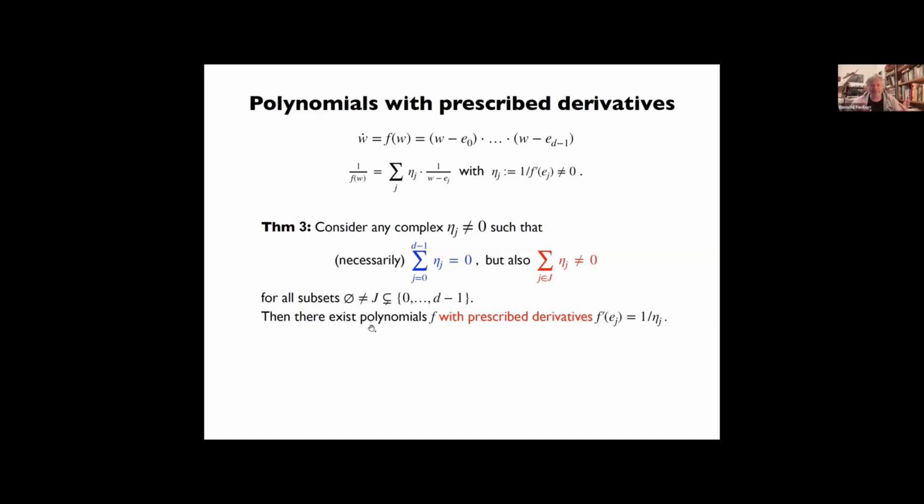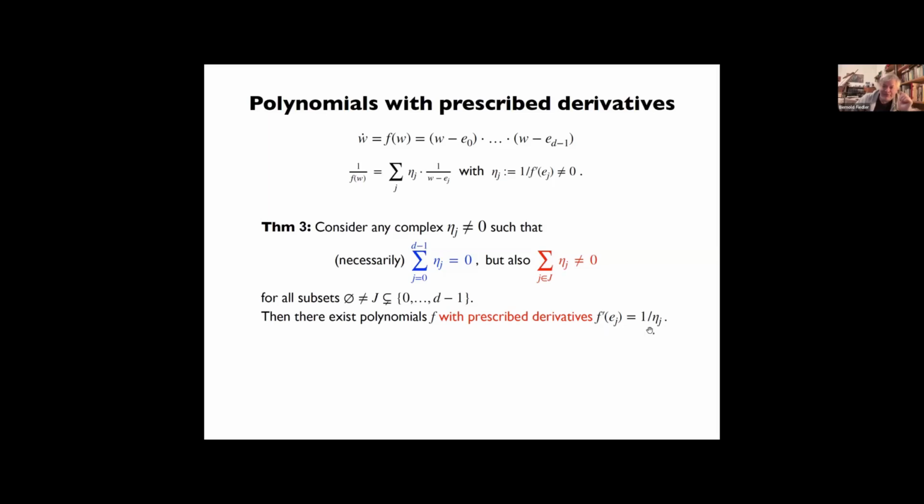I prescribe all the derivatives, but I cannot prescribe where the zeros are. You are familiar, of course, with Lagrange interpolation, Hermite interpolation, and generalizations of that, okay? But this is not a standard interpolation problem because I'm given eta_j, and I have to solve for e_j.